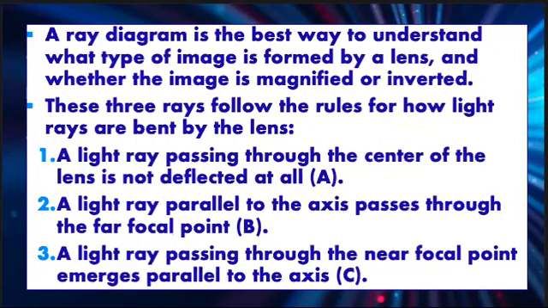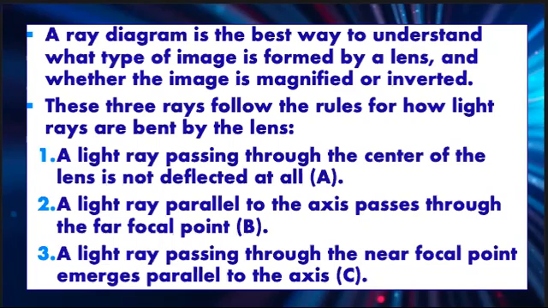This is very similar to mirror, it's just that the virtual and the real image are opposite to those of the mirror. A ray diagram is the best way to understand what type of image is formed by a lens and whether the image is magnified or inverted. These three rays follow the rules for how light rays are bent by the lens.